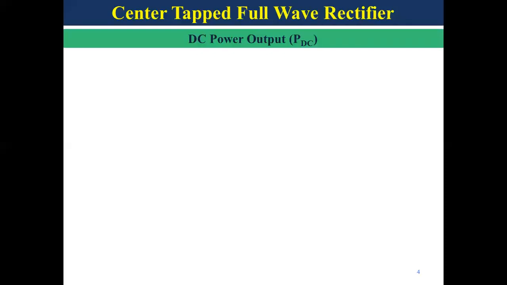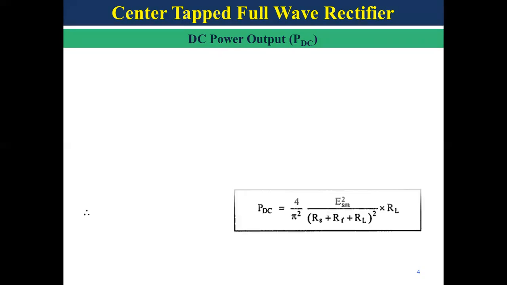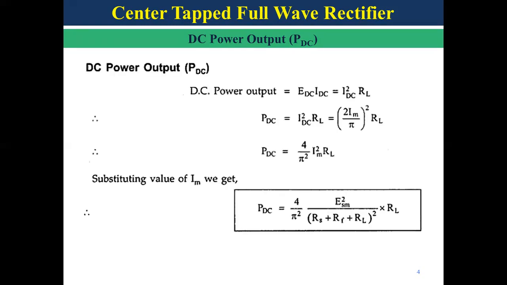DC output power. The amount of DC output power that can be delivered to the load by using the center tapped full wave rectifier. Now I am trying to calculate. DC power output PDC can be calculated by using the general expression P equal to VI. Now I am trying to calculate the DC values.